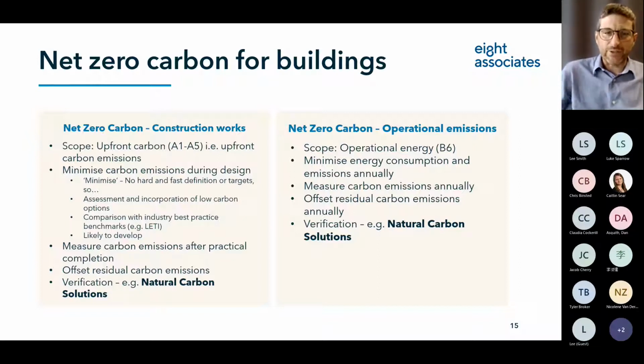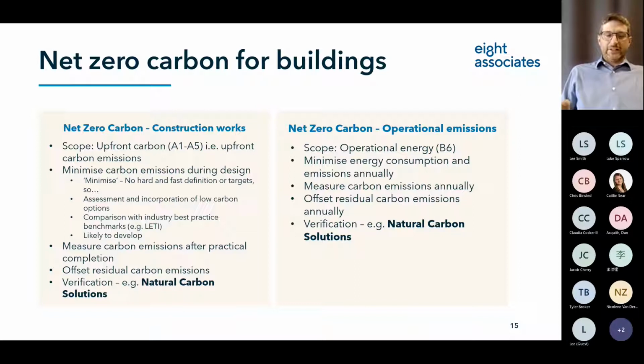And so I think generally people look at trying to assess the baseline and then look for options which can produce lower carbon solutions that can be considered by a design team and the client for incorporation. Or it could be that you can demonstrate that your design is favourable compared to an industry benchmark, such as the ones by LETI.